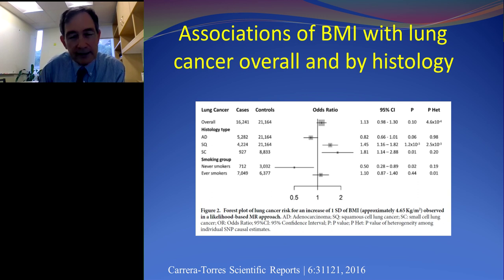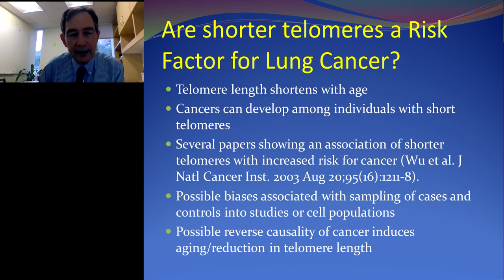So this is where this kind of association can improve our ability to estimate the effect of a host-specific factor, in this case BMI, on lung cancer risk. And so again, it's suggesting that increased BMI is actually the risk factor for getting lung cancer.